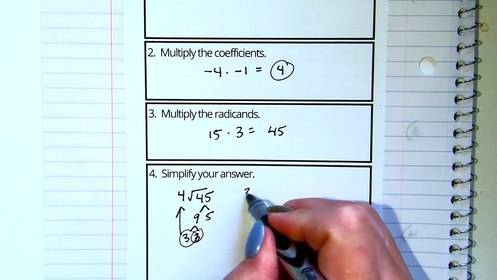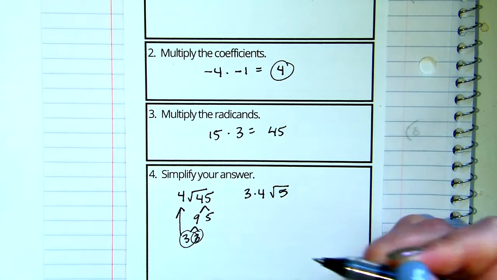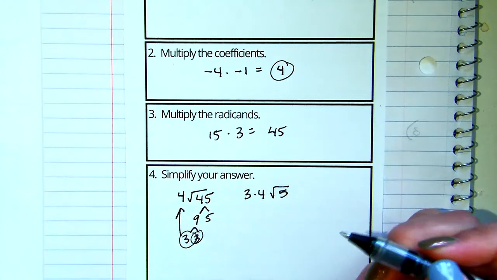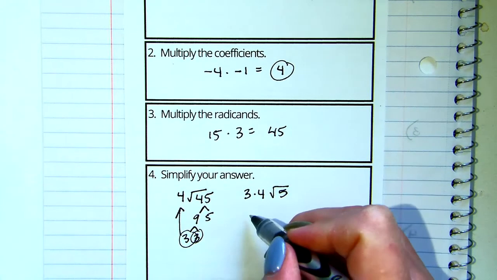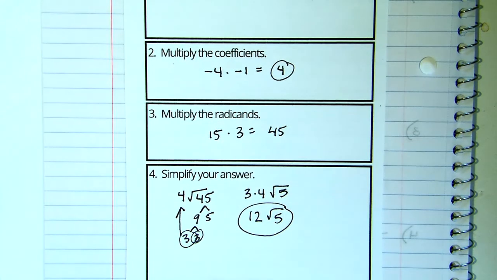So I'm going to have 3 times 4 root 5. The 5 is going to stay behind because it doesn't have a partner. And I'm going to combine 3 times 4 together, which would give me 12 root 5. So our final answer is going to be 12 root 5. It's pretty easy. Multiply the coefficients, multiply the radicals, simplify your answer.